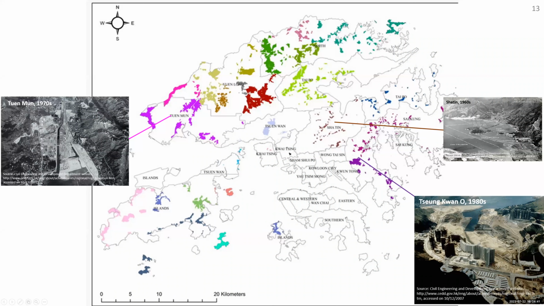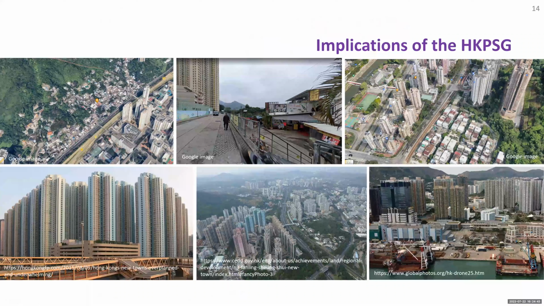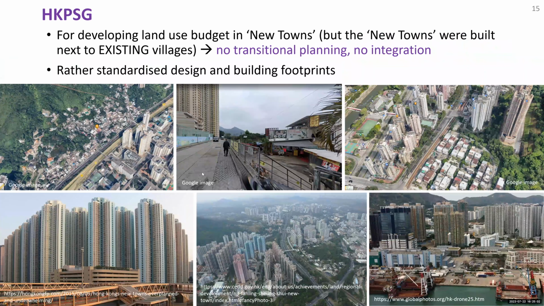Because of this, having these planning standards and guidelines for building new towns on reclaimed flat land, but without paying attention to the context, produces interesting implications. These are all Google images.